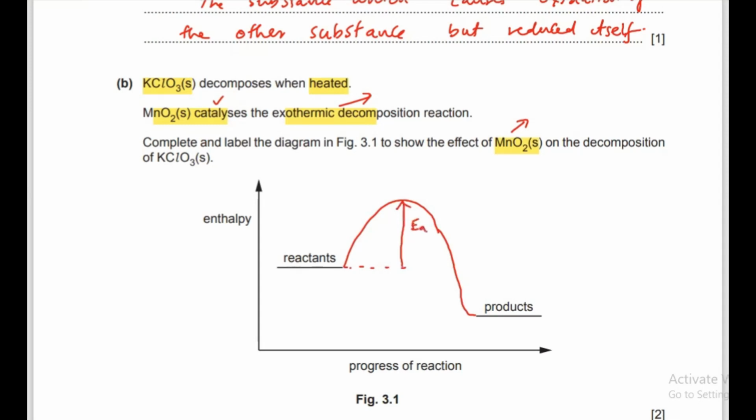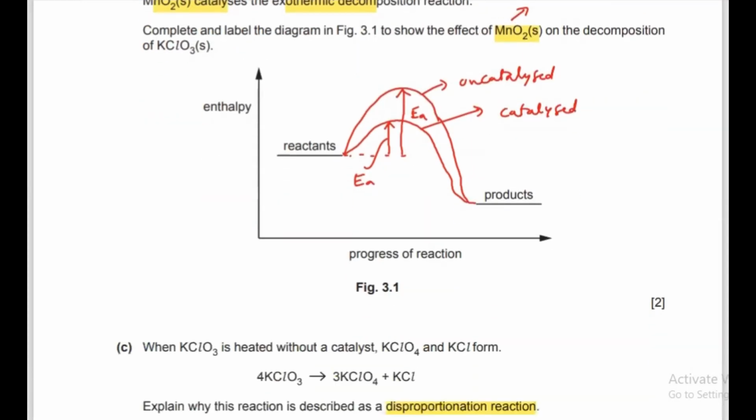And if we add the catalyst, catalyst reduces the activation energy. So that's why this will be the activation energy for catalyzed reaction. So this is the uncatalyzed reaction, and this one is a catalyzed reaction, because catalyst lowers the activation energy.